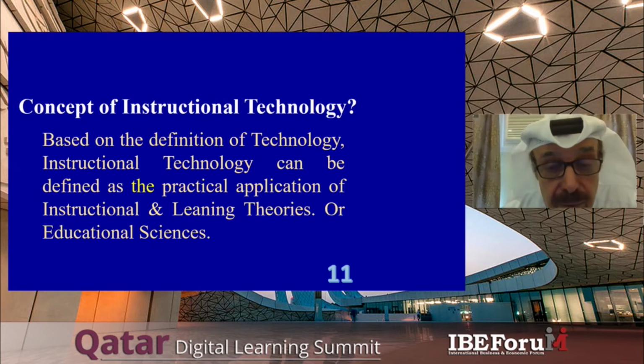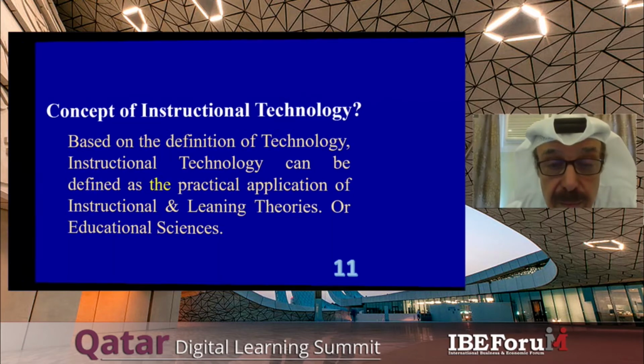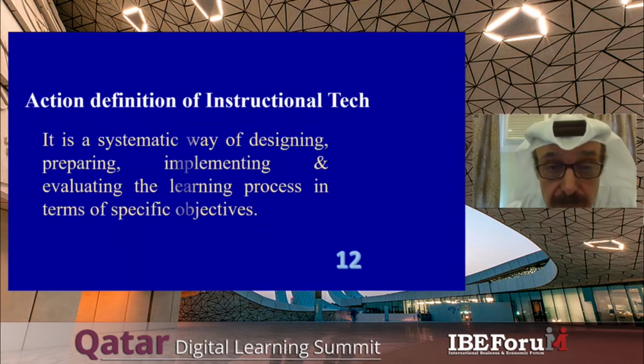So the field of instructional technology is actually the application of theories. It is an action way. It is a systematic way of designing, preparing, implementing, and evaluating the learning process. In terms of what? In terms of specific objectives.